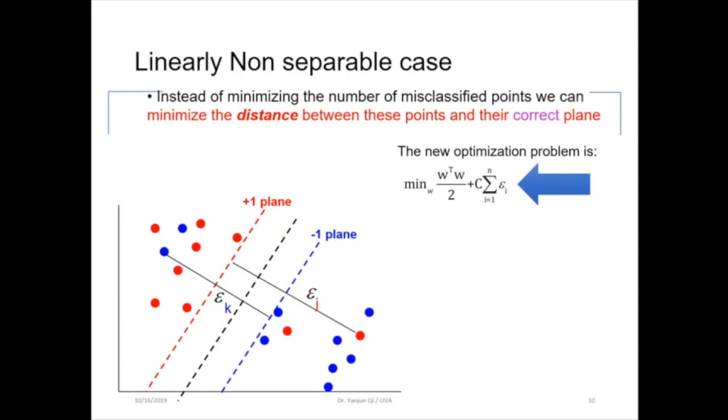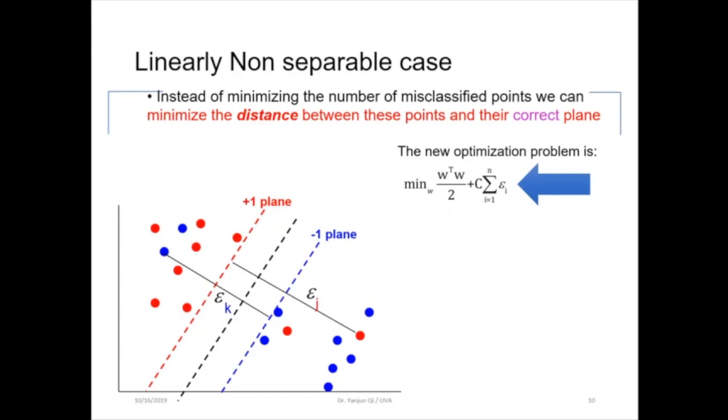If you're predicted correctly, you're not going to count that distance at all. However, if a point is not predicted correctly, it's on the other side of the correct margin, the correct boundary, and you're going to use that epsilon as part of the loss formulation. So for each training point, you're going to have an epsilon i parameter to look for.